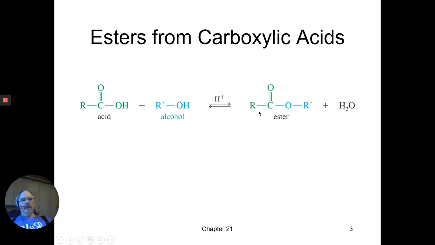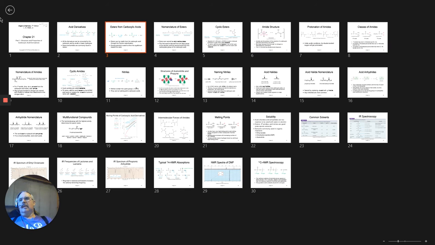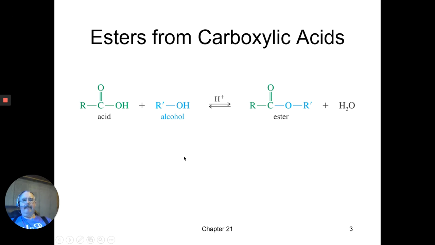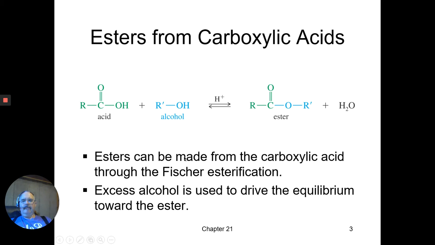This is an equilibrium, so when we did this in the lab, we had to use an excess of acetic acid. Sometimes an excess of alcohol is used. In our case, we used an excess of acetic acid.